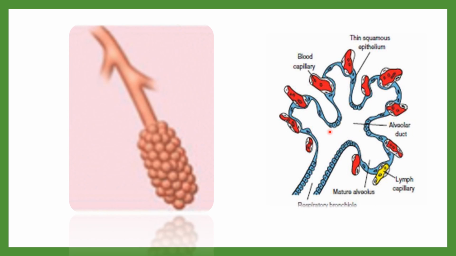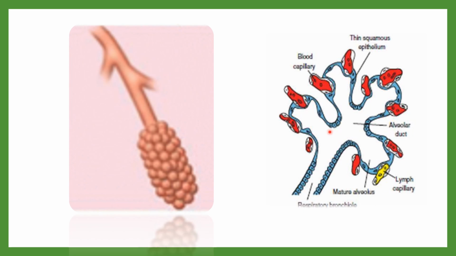So these are the three phases in which the development of the lung occurs. In the first stage, the infundibular part is surrounded by solid epithelial cells. In the second stage, the blood capillaries come in close contact with the alveolar sac.